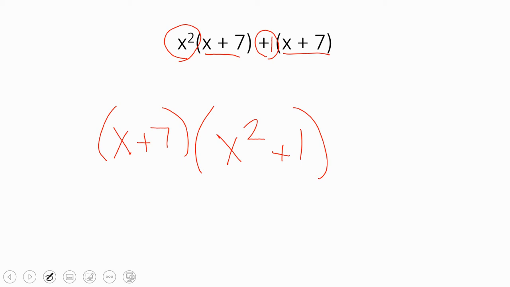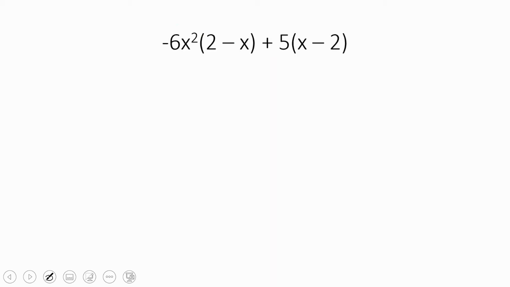Okay. Now we get into our opposites. 2 minus x, x minus 2. Pick which term you want to change. I am going to go ahead and change the first term. So I'm going to make it positive 6x squared, and then I'm going to flip the inside.